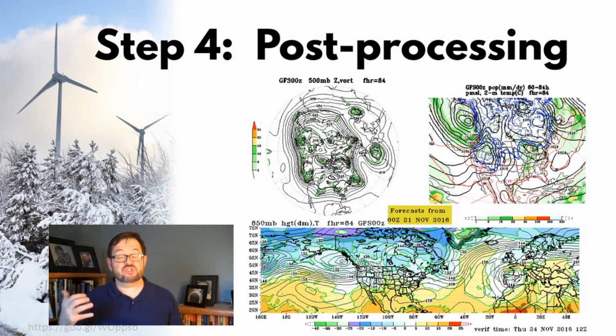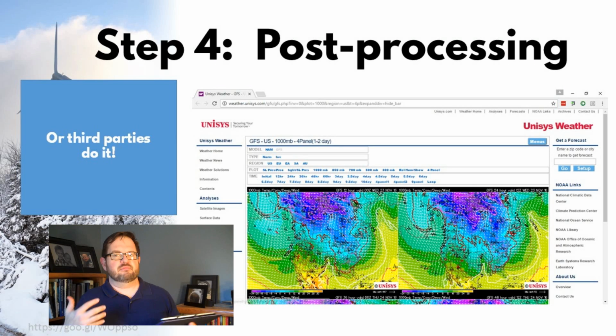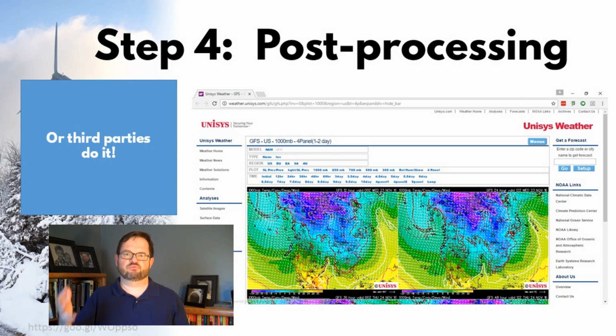In general, most models produce that kind of stuff, as well, that kind of graphical output, as well as the raw numbers that like you might use if you were doing calculations on the output or something. Also, a number of third parties do it. Like this just happens to be Unisys's website, where they download the raw data from the federal government's models, like at the National Center for Environmental Prediction and so on, and then they produce plots that they find useful for their customers.